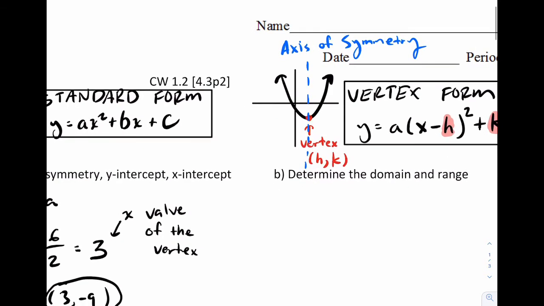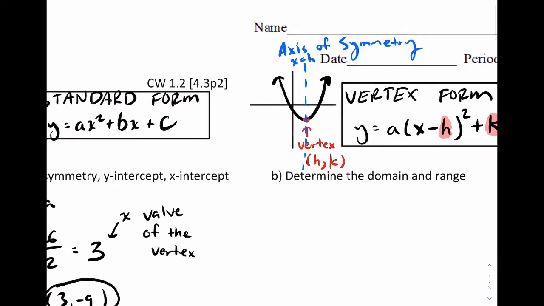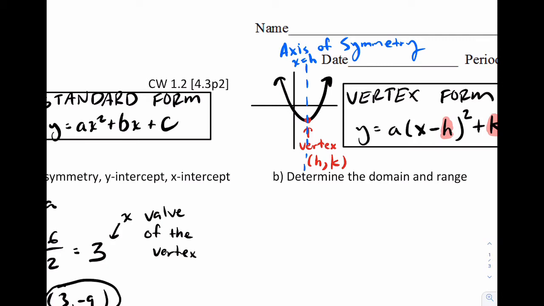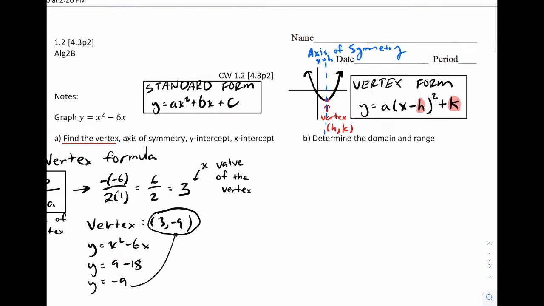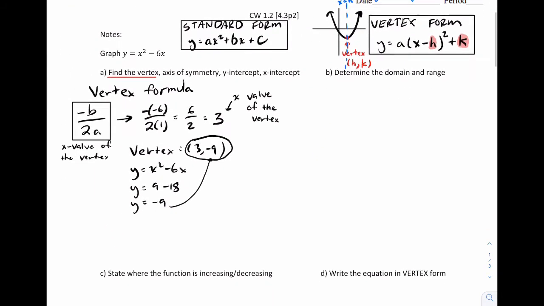So all you really have to do is take the x value, which in this case is h, and set it equal to x. So for this one, I'll write axis of symmetry, AOS, is the equation x equals 3. I just pull that number and put it right there.